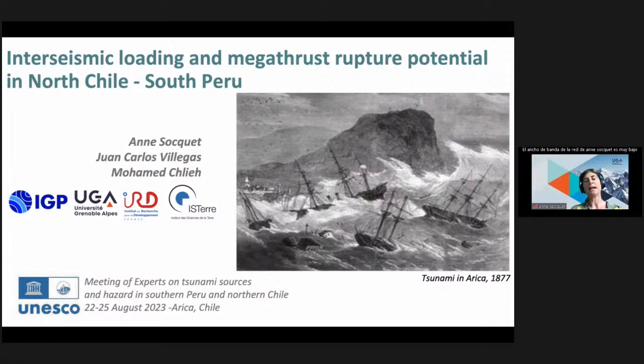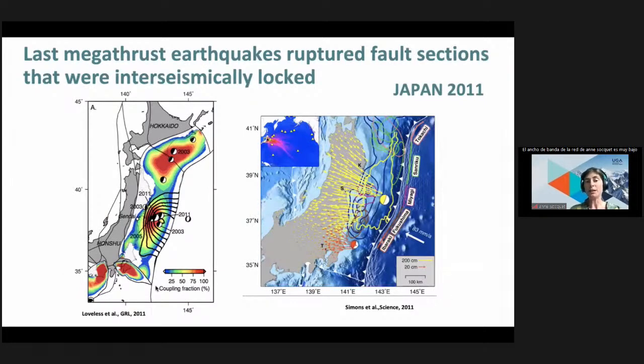For example, the Tohoku earthquake occurred in an area that was affected by interseismic loading beforehand. So this was known before the earthquake, and then the earthquake occurred, and we can see with this model that the interseismic loading was high in the area that was later ruptured by the earthquake.